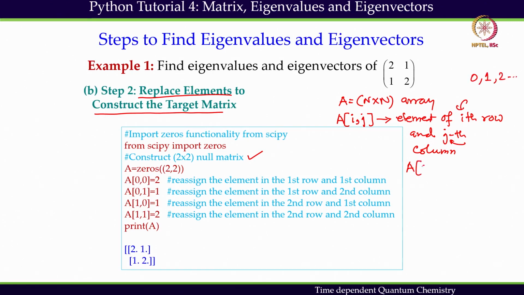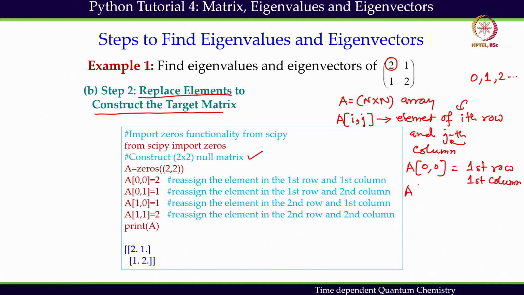So A00, this index, this construct will return the element in the first row and first column, which means first row first column element is this one. So that one I am going to assign.